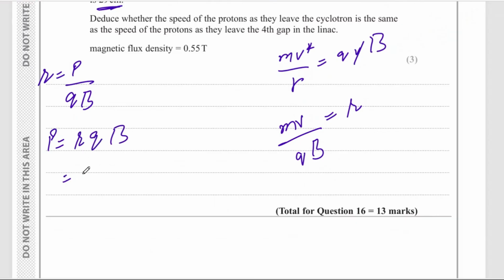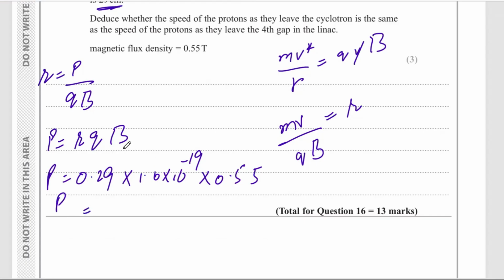R, which was 29 centimeters, meaning 0.29. The charge of a proton is going to be 1.6 times 10 raised to the power of negative 19. The magnetic field strength is going to be 0.55. I'm just going to work this down, and that comes out to be 2.56 times 10 raised to the power of negative 20. And then this momentum is equal to mv.